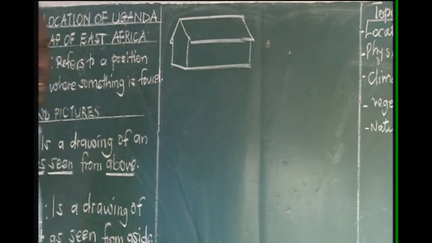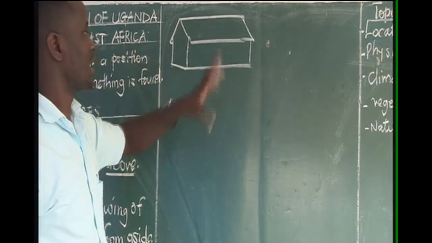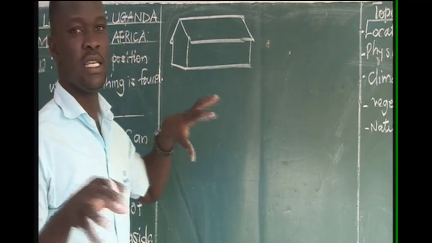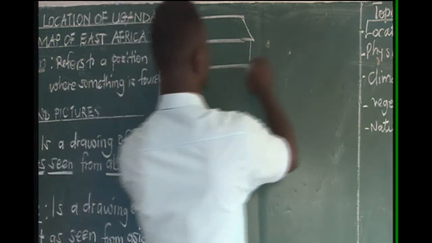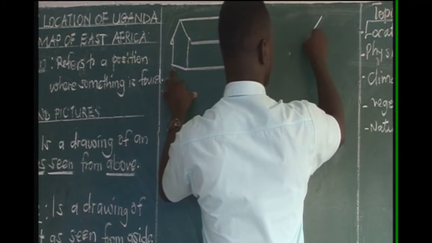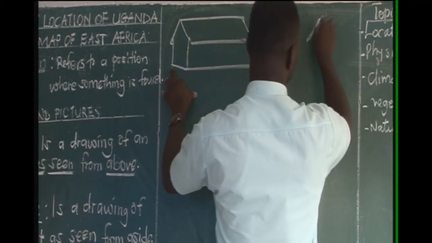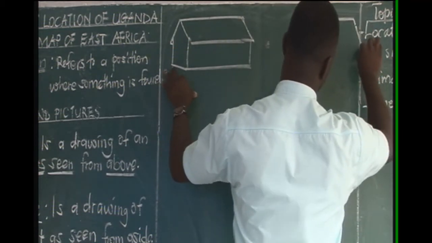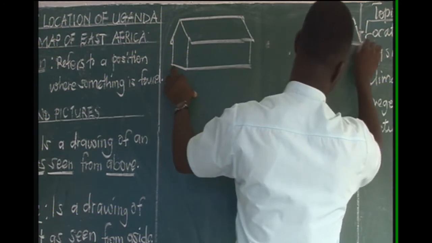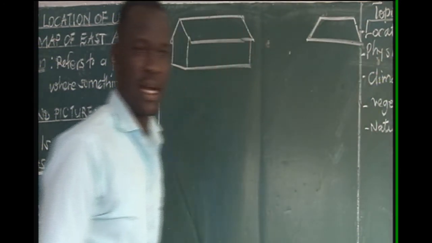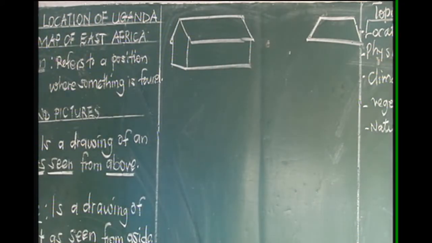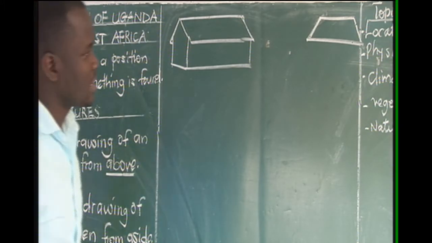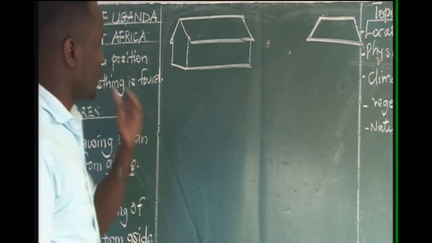This is a picture. Now, when it comes to representing this picture, the way we see it from above, the map for that house, we shall draw it the way we see the roof from above. So we shall have something like that. That is what we mean by a representation of something as it is seen from where?